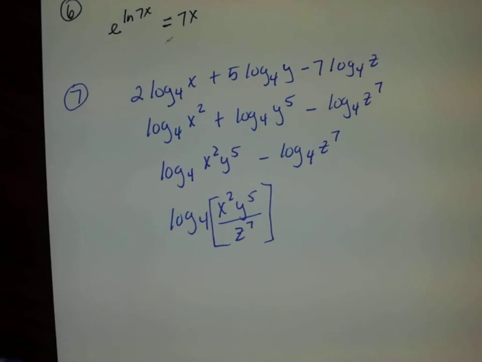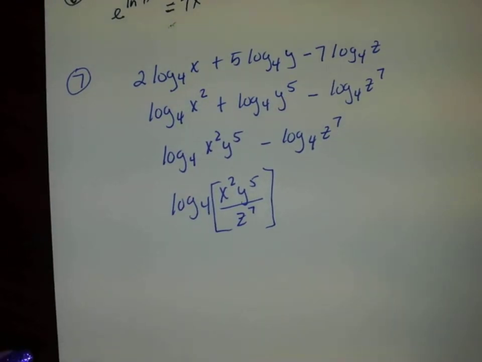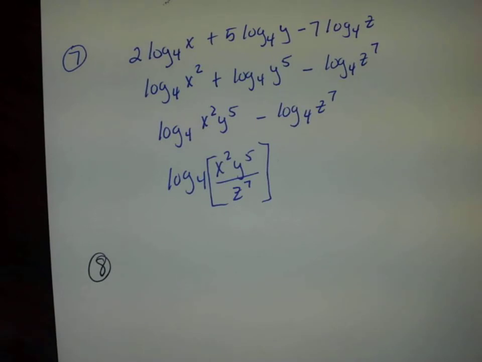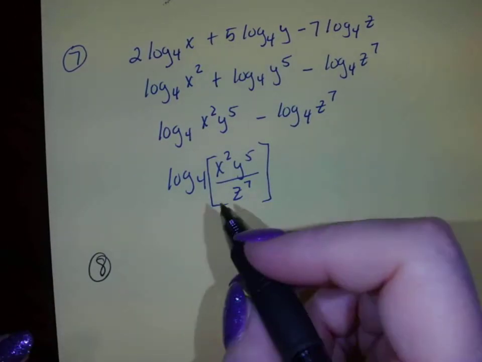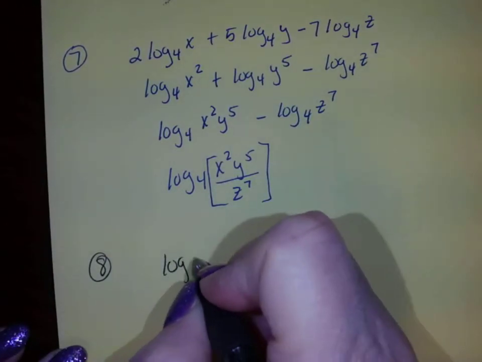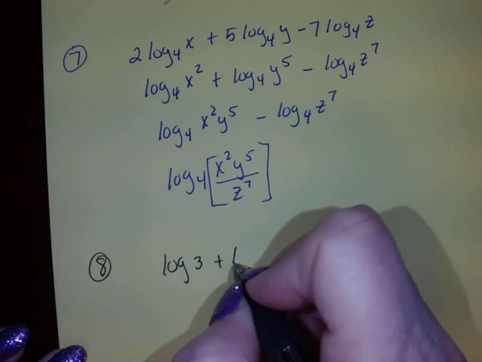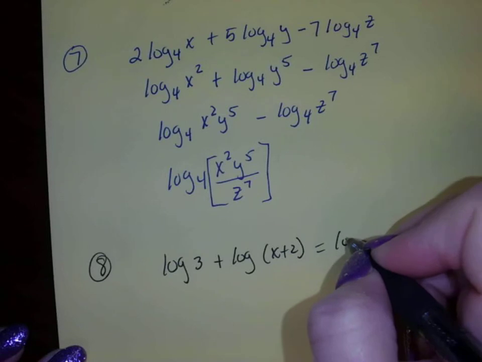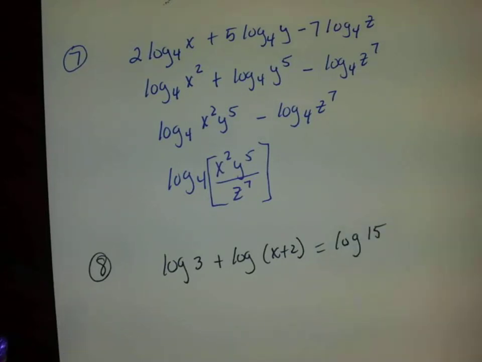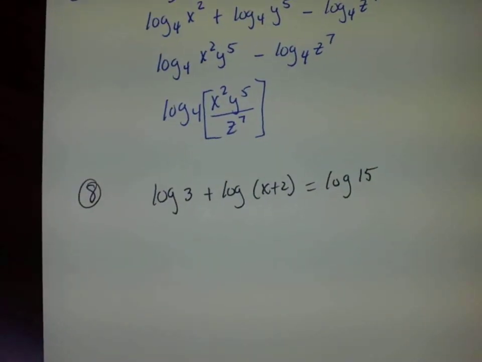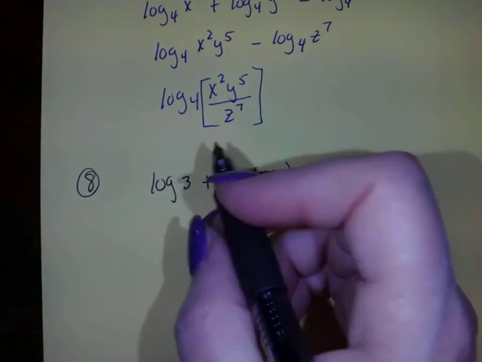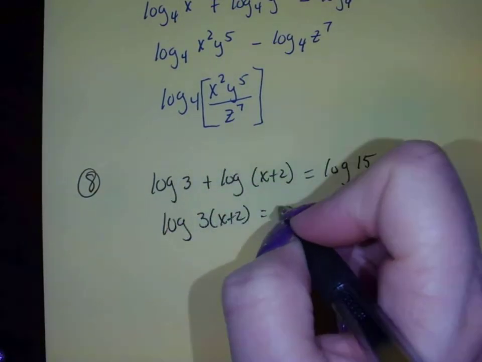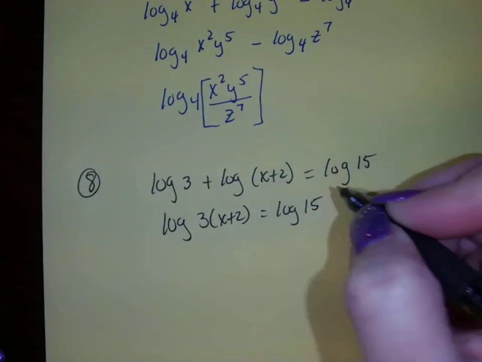All right, number 8. We are going to use the properties of logs to solve. So we have log 3 plus log of x plus 2 equal to log 15. So we're going to use our properties of log again. Addition means multiplication. So we have the log of 3 times x plus 2 equals the log of 15.